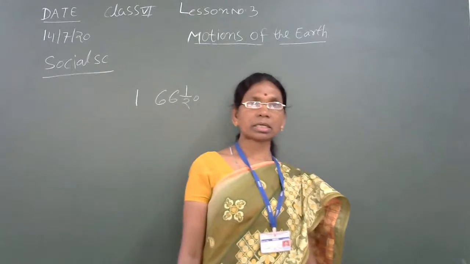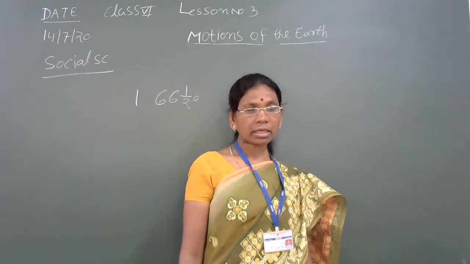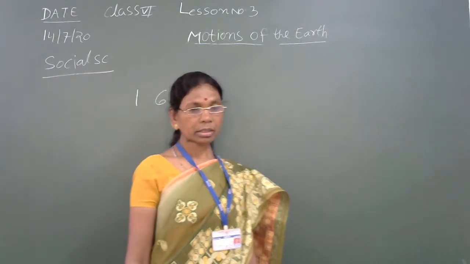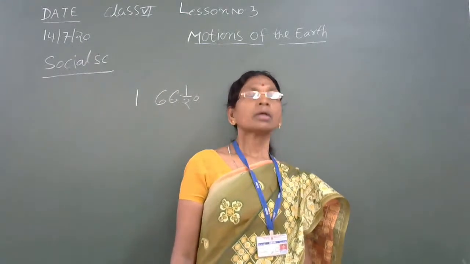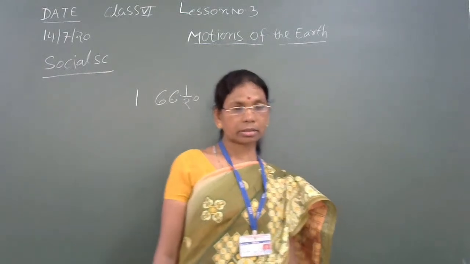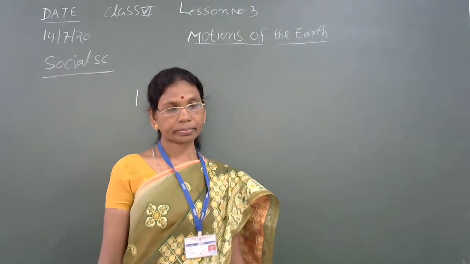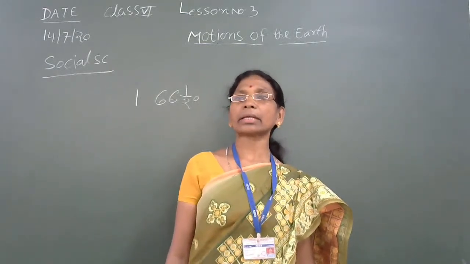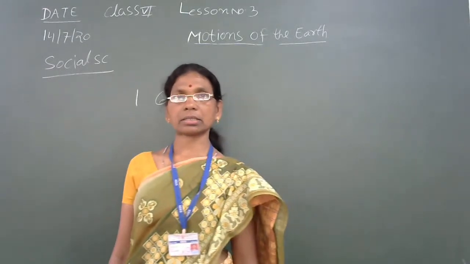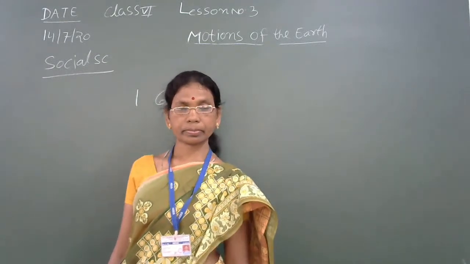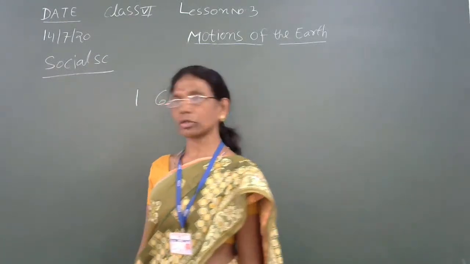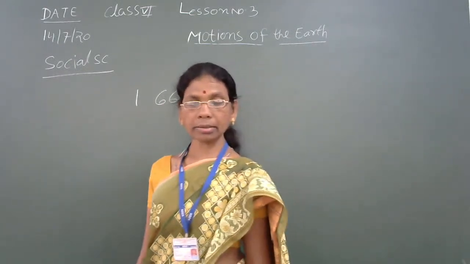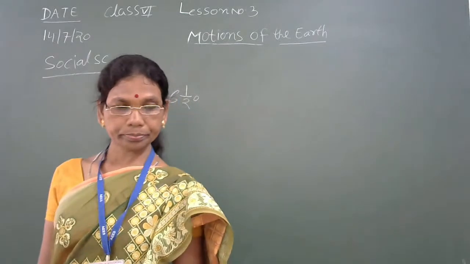At this position, neither of the poles is tilted towards the sun, so the whole earth experiences equal days and equal nights. This is called equinox.